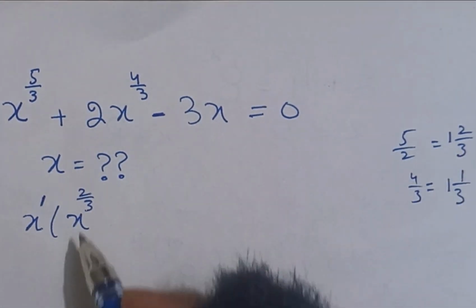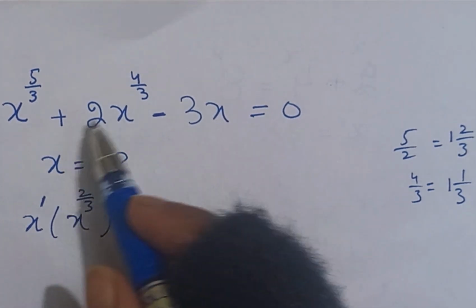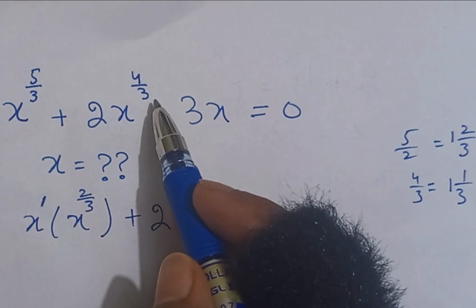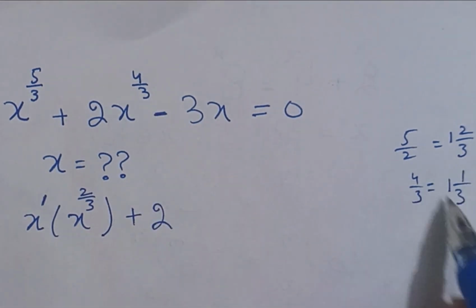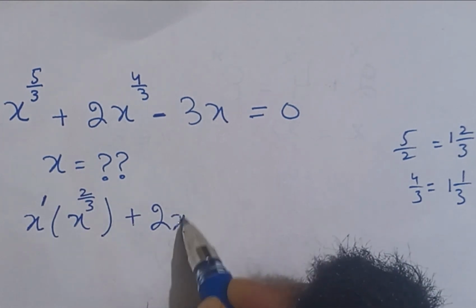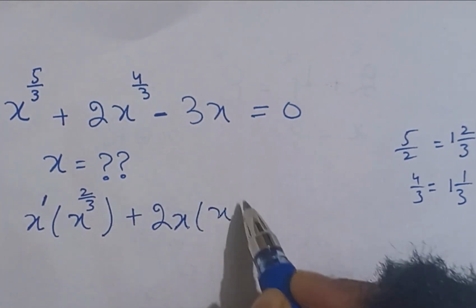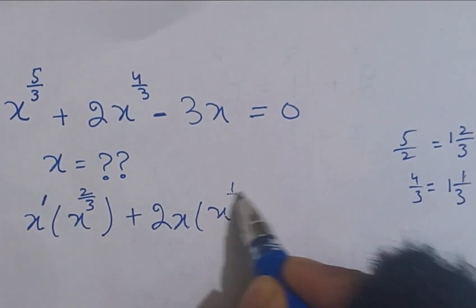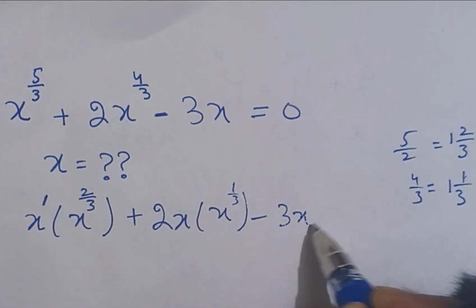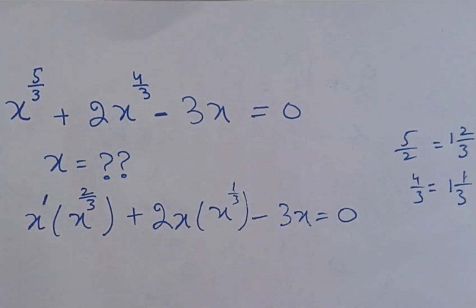Plus 2, this is our x raised to the power 4 over 3, and in the mixed form we can write in this format. So we can write this whole value as x multiply x raised to the power 1 over 3 minus the next term 3x is equal to 0.